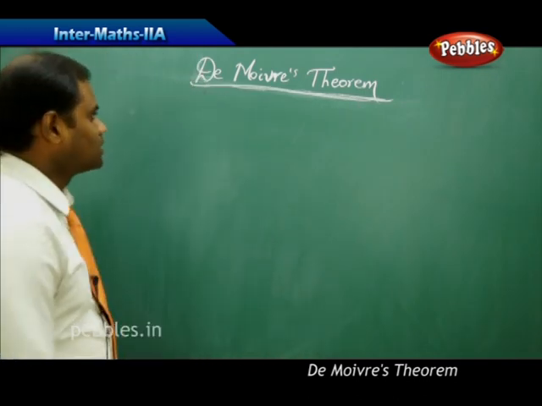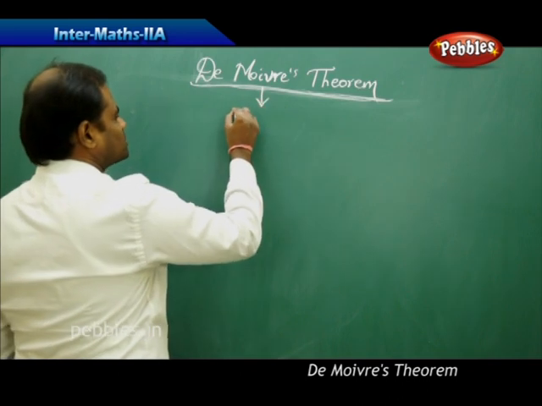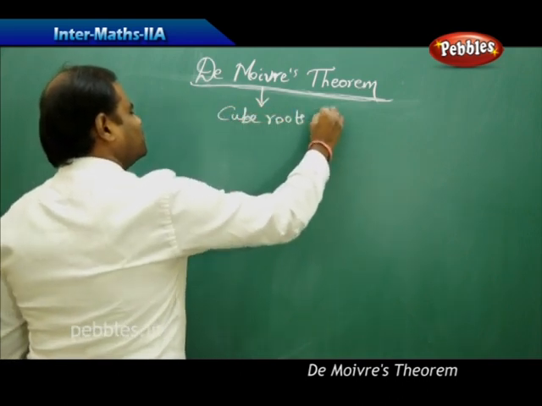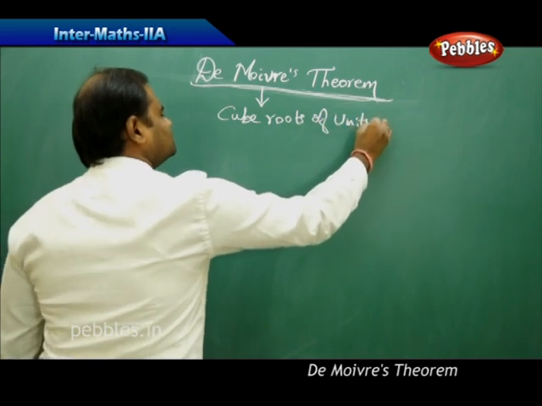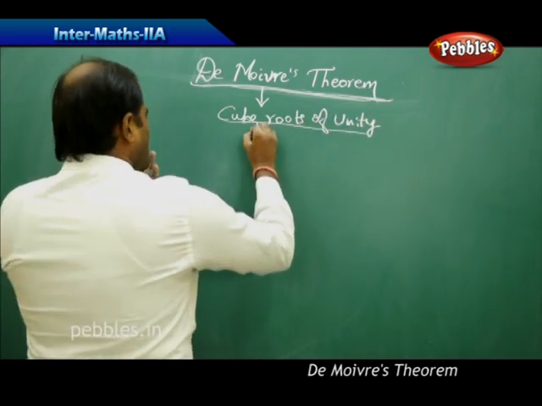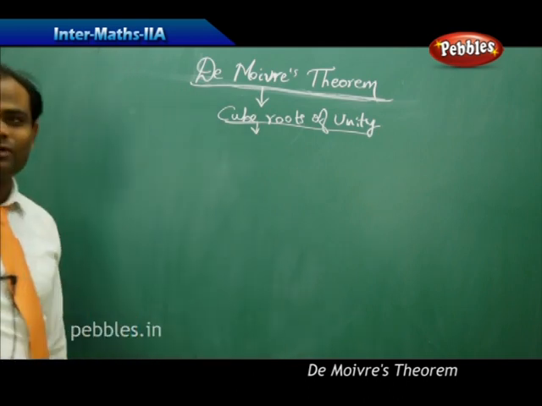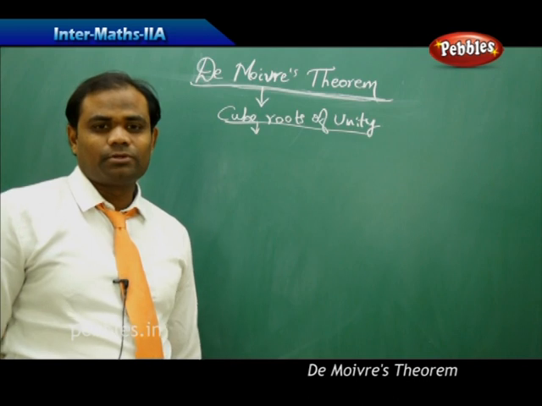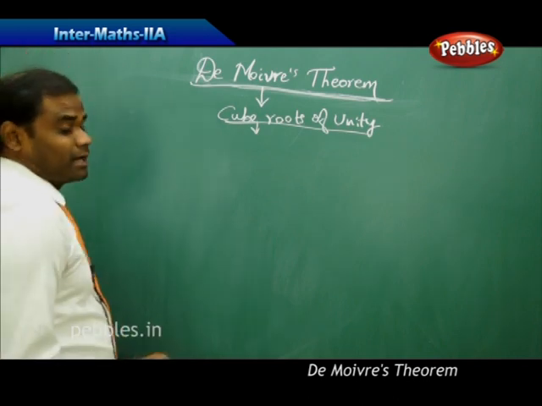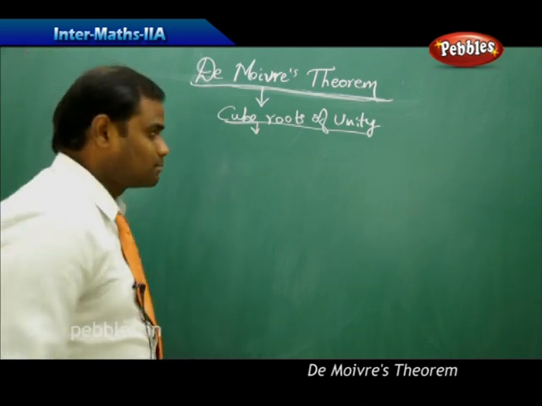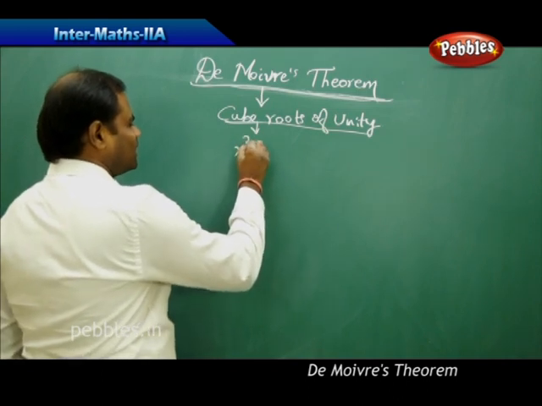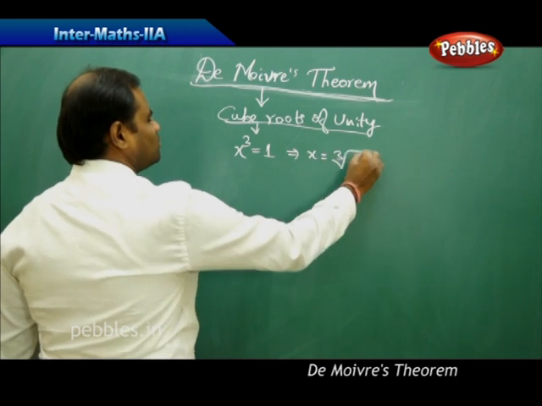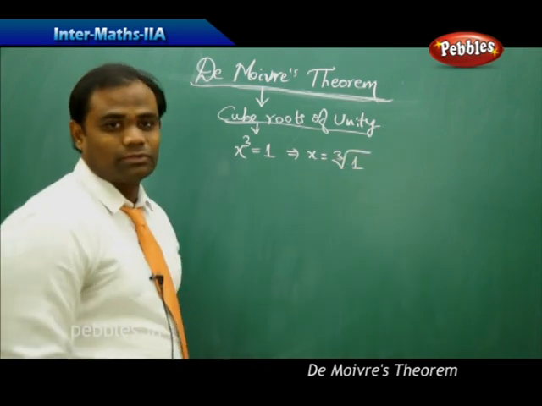Now in the next concept, we are going to discuss exclusively cube roots of unity as a special case of nth roots of unity. So when it comes to cube roots of unity, n is equal to 3. So you have x cube equal to 1, which implies x is the cube root of 1, which you're going to find.